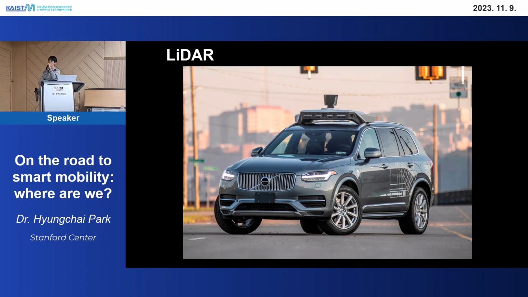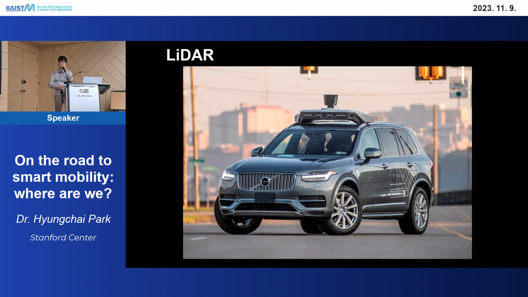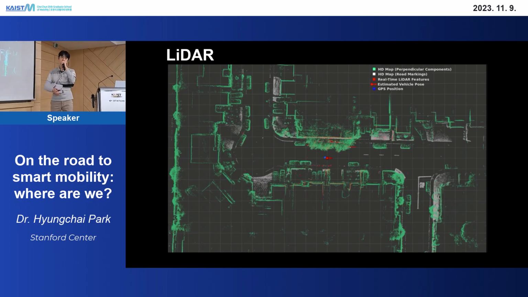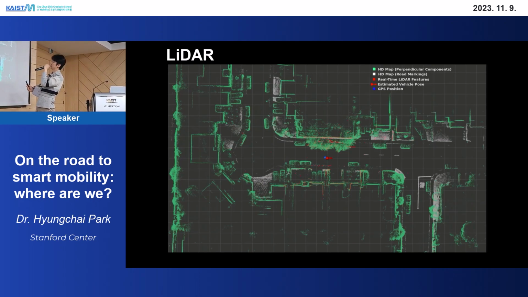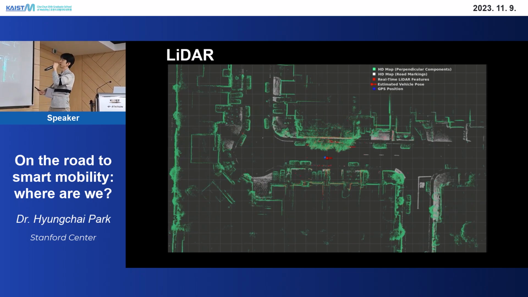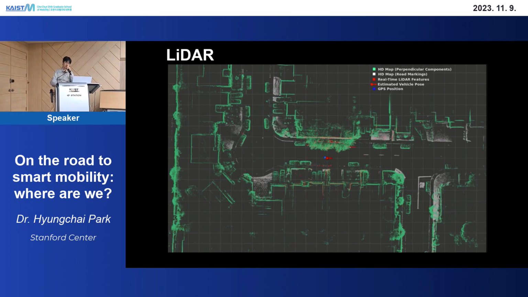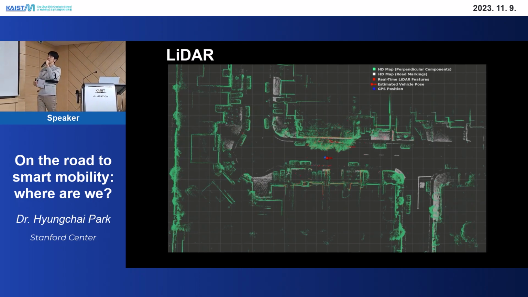LiDAR information is used to detect objects, but the main application of LiDAR in modern autonomous driving technology is localization. In this picture, the green dots and white dots are a high definition map. The autonomous driving vehicle scans the area with LiDAR in advance and creates the HD map.